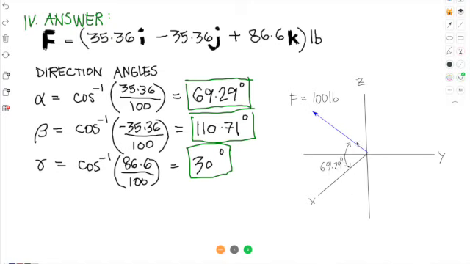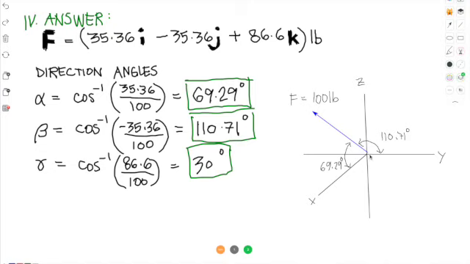So the angle that our vector makes with the y, that is beta, that's 110.71 degrees.